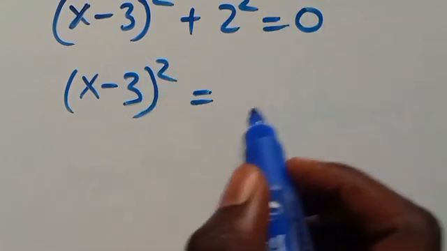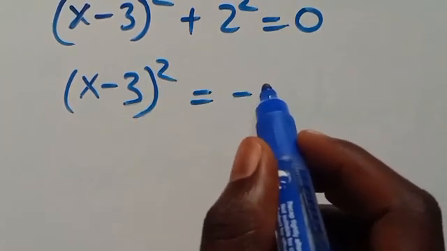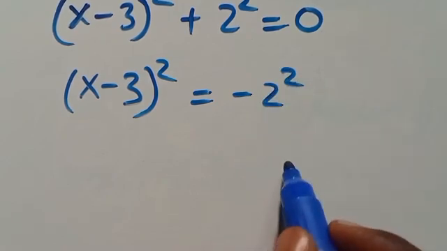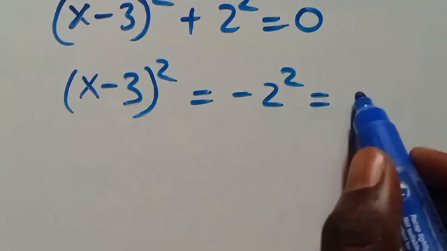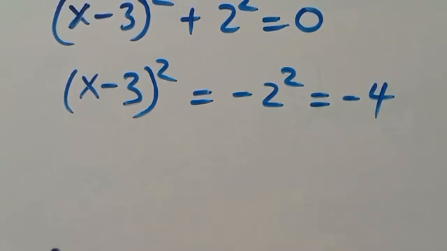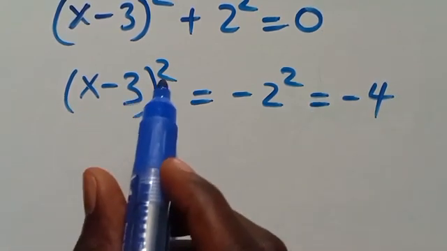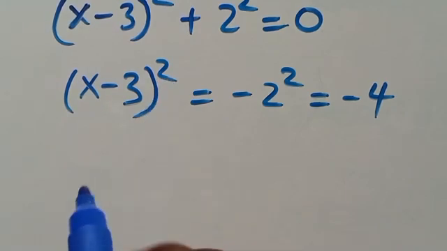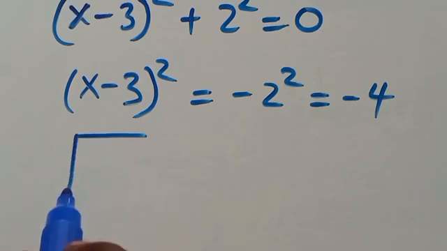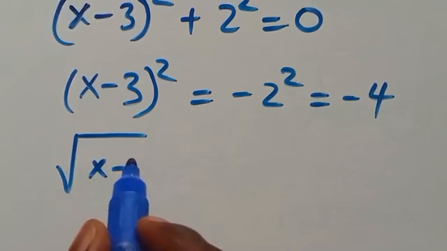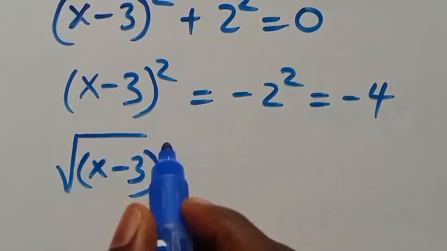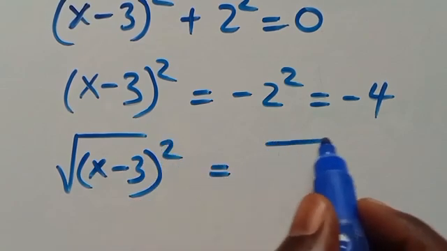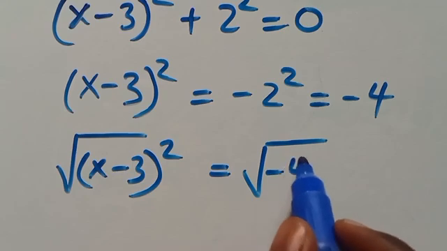Let's take this to this side. We have it to be minus 2 to the power of 2. And this can be simplified as minus 4. Now to eliminate this power 2, we can take the square root of both sides: root of x minus 3 in parentheses to the power of 2 will be equals root of minus 4.